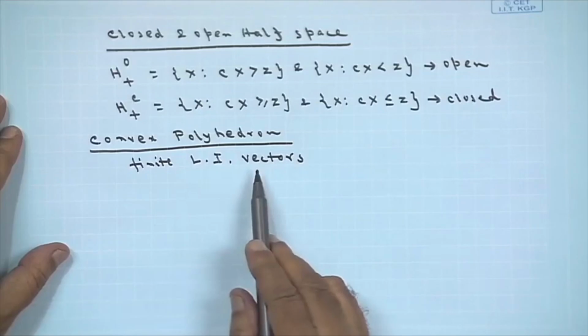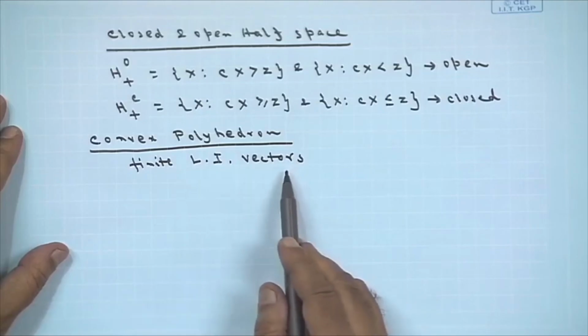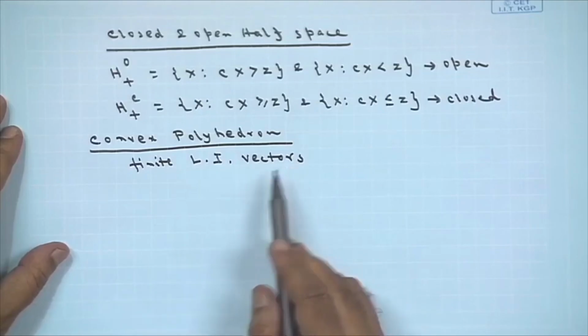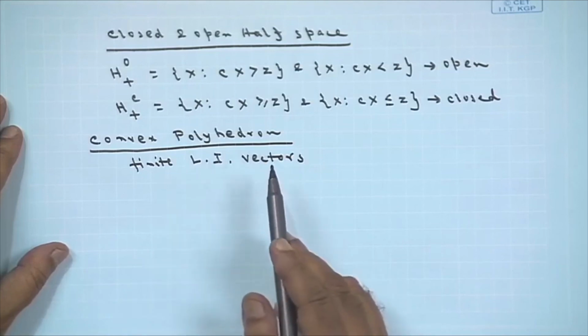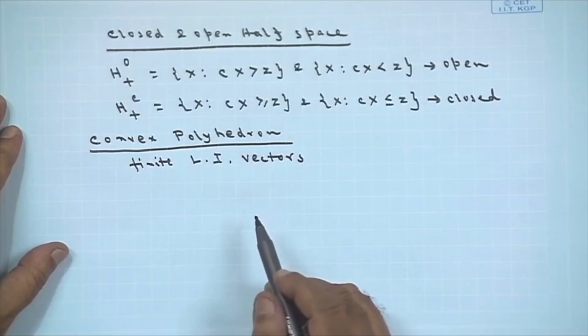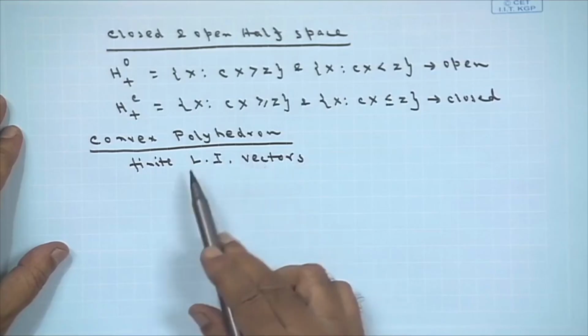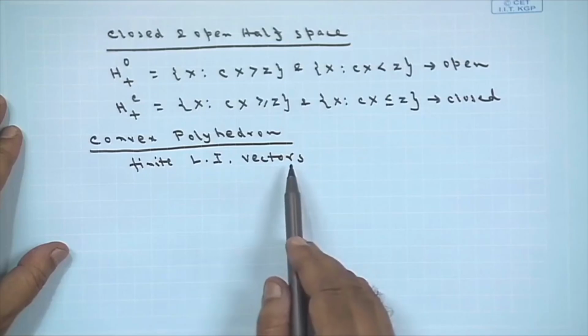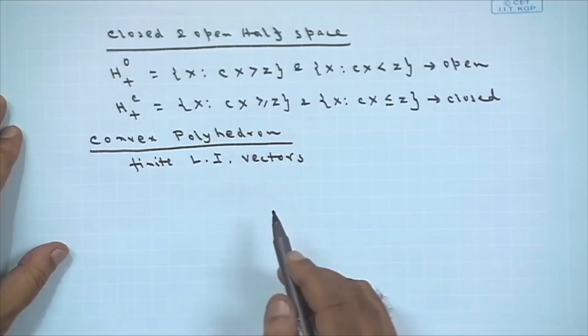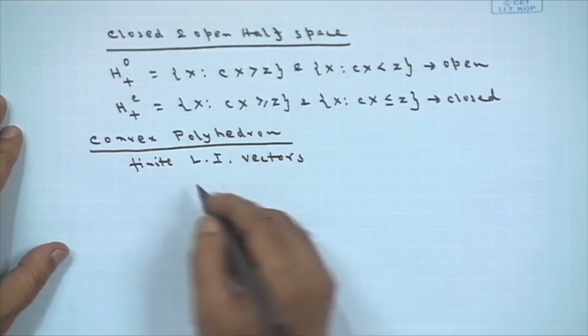If you have a finite number of linearly independent vectors, then the convex combination of all these linearly independent vectors is known as a convex polyhedron. So, if I take the convex combination of them, then they will form a convex polyhedron.